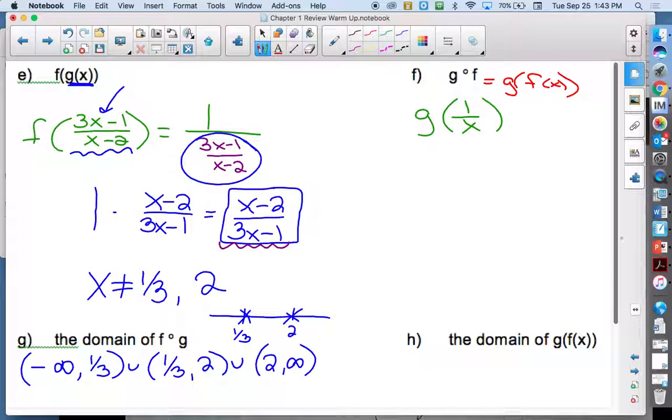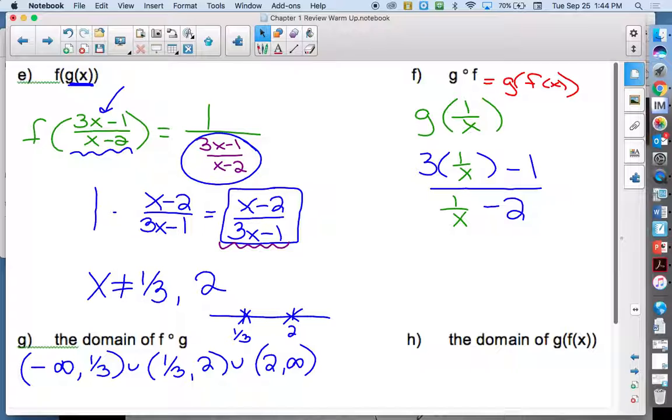Okay, so we're taking f and plugging it into g. And I have g written in parentheses over there. So g says 3 times x minus 1 over x minus 2. So we're taking f, which is 1 over x, plugging it into g. So we have 3 times 1 over x minus 1, divided by 1 over x minus 2.